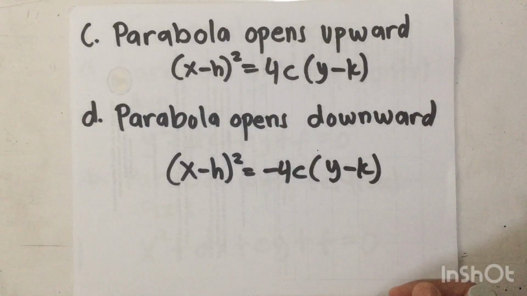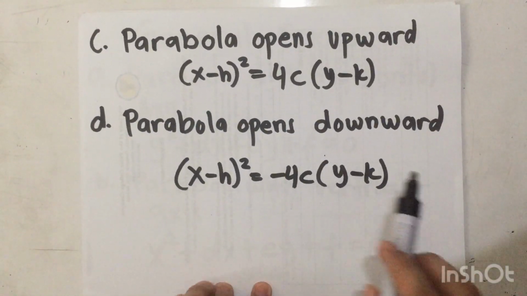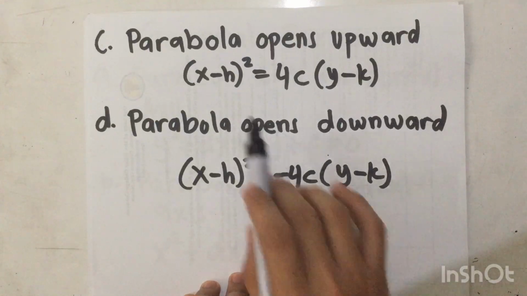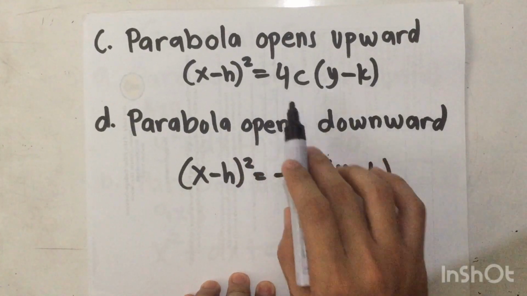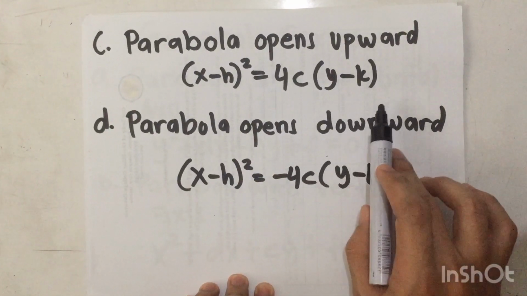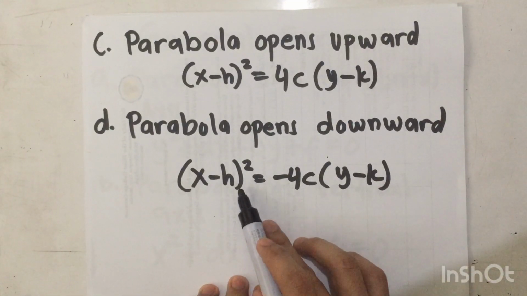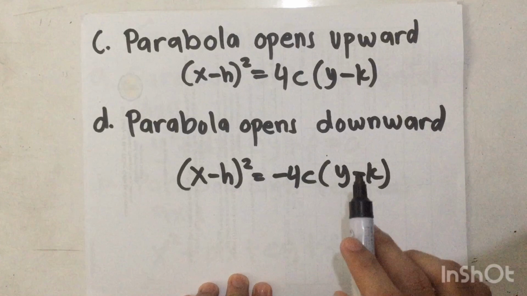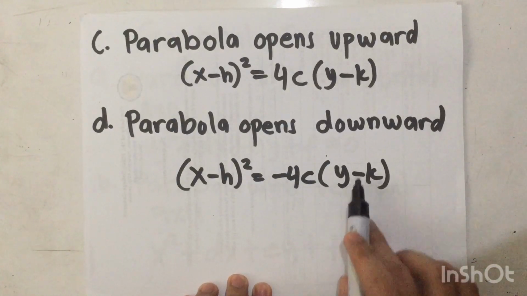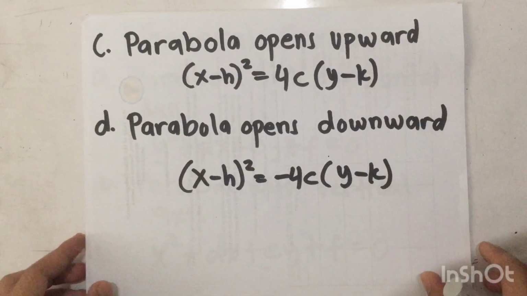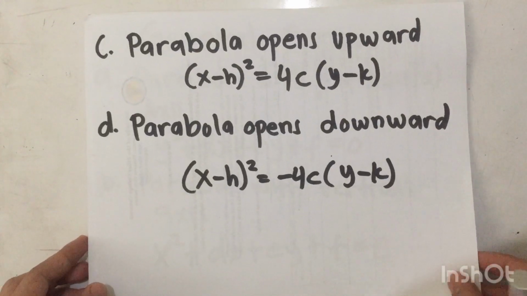While if the parabola opens upward with vertex (h, k), then the equation is x minus h squared equals 4c times y minus k. And if the parabola opens downward, x minus h squared equals negative 4c times y minus k. And that is the parabola written in standard form.